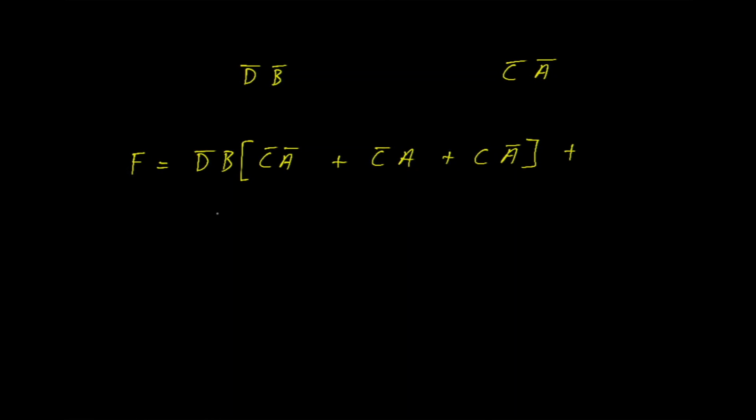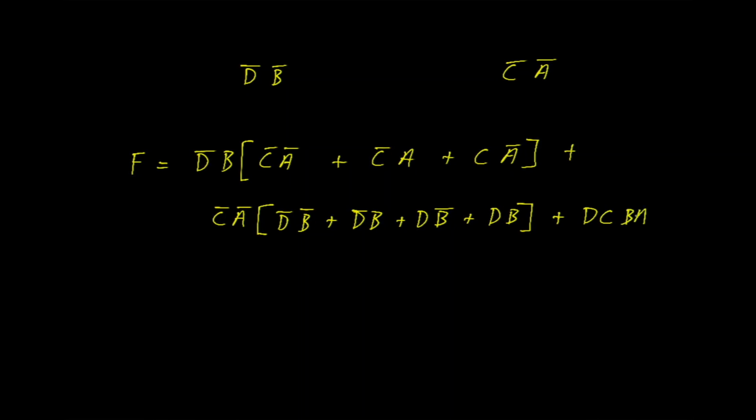Next, we collect all of our terms with C naught, A naught. And then we have this outlier, term number 15. You'll notice that this minterm right here appears in both of our collections. Now we can do some simplification.